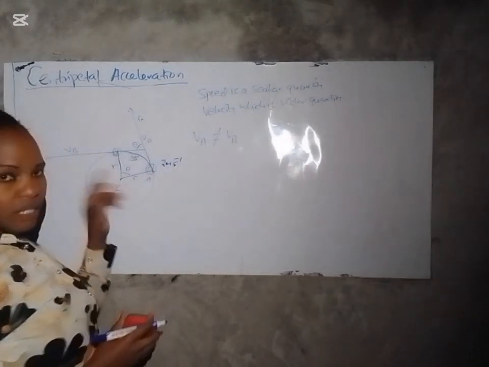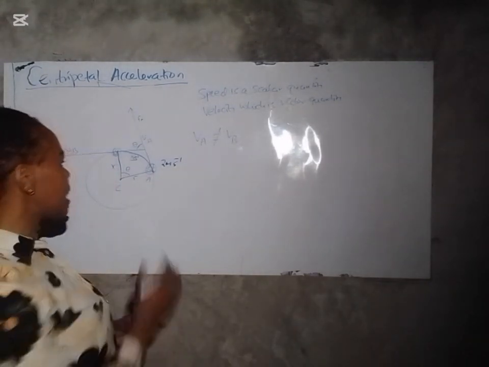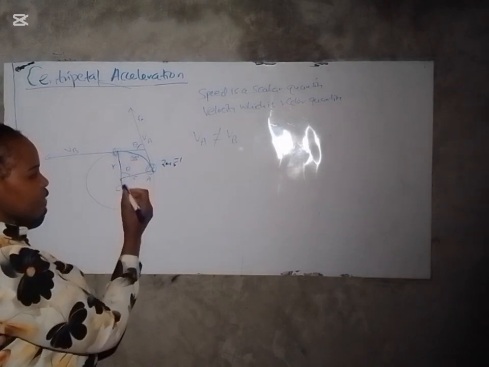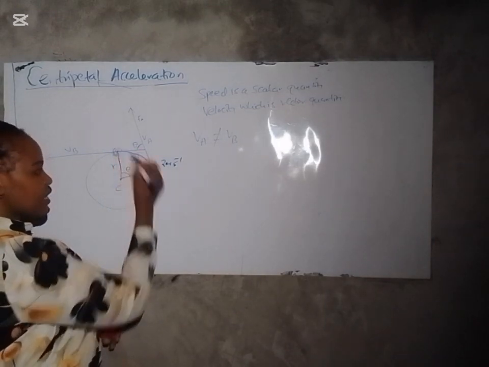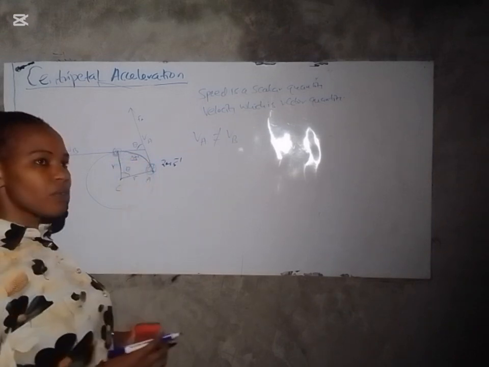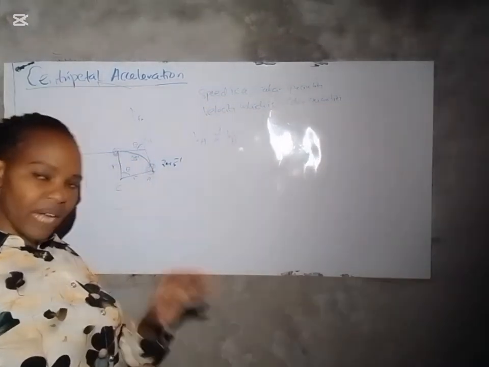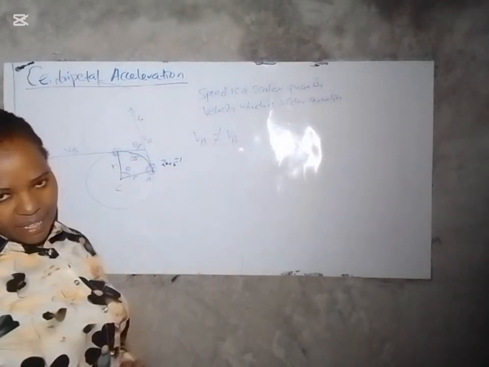R is constant. R is the radius of the circle, it is not changing, but the arc length is changing. Remember, if this R were here, that would be the arc length. When it is here, that is the arc length.